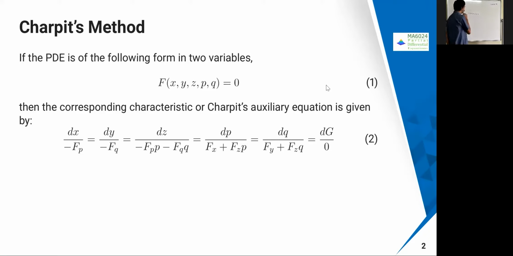So what we have is some kind of equation like dx by minus fp, and dy by minus fq, and dz by minus p into fp, minus q into fq.